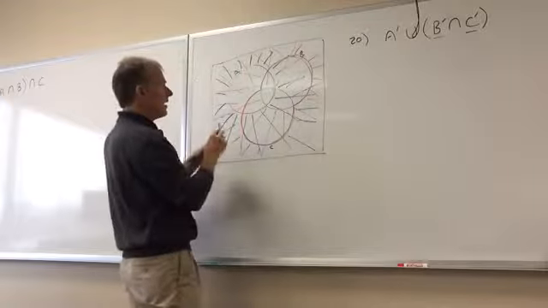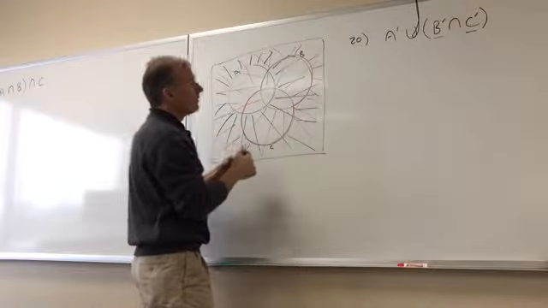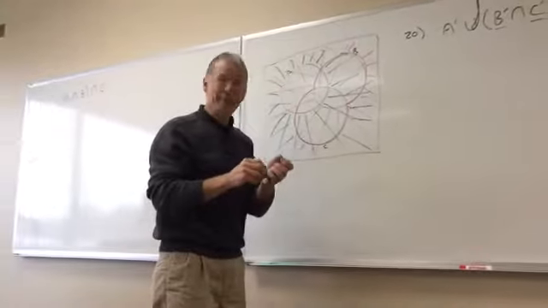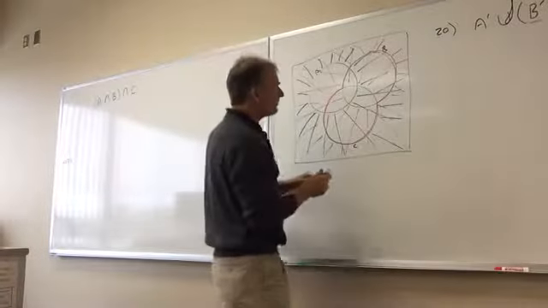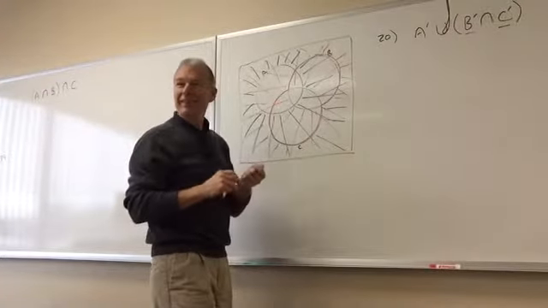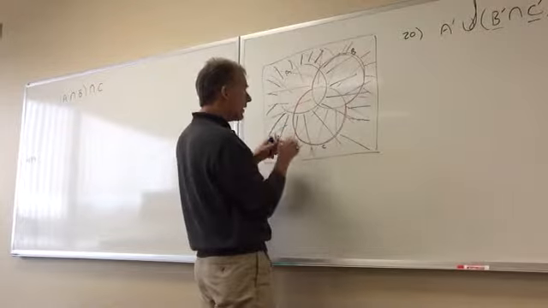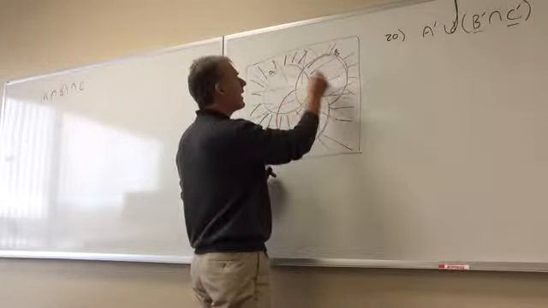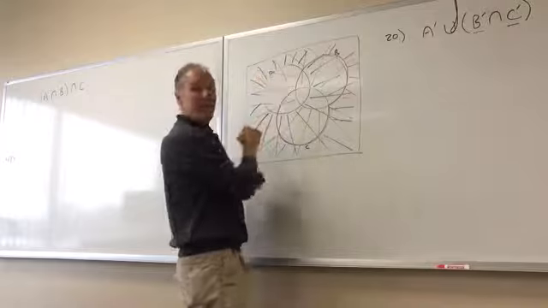So there's not A. How you doing at making sense out of that? Okay, not A is these black lines coming out from the A.